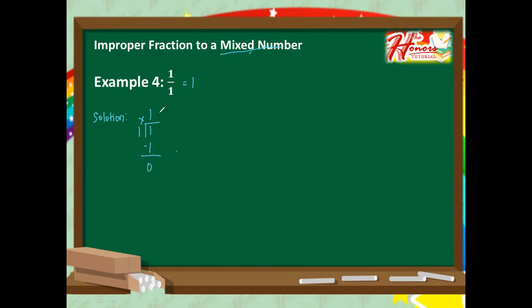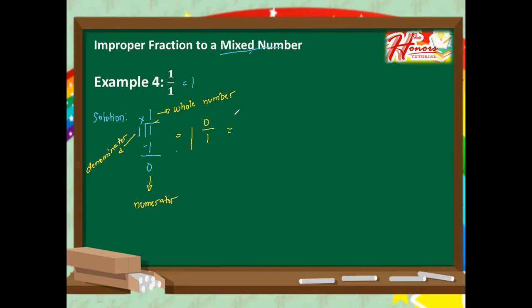Remember, your quotient is your whole number, and then your divisor is your denominator, and then your remainder is your numerator. Then let's write your whole number first, bigger than the other, and then 0 your numerator over 1.